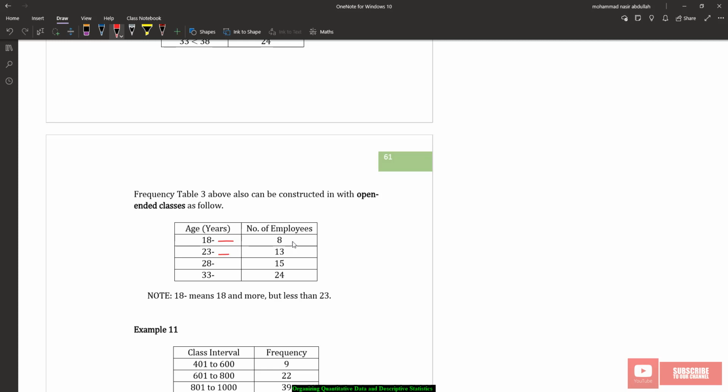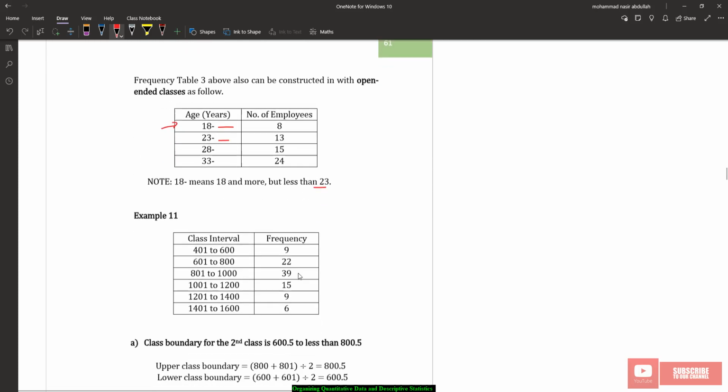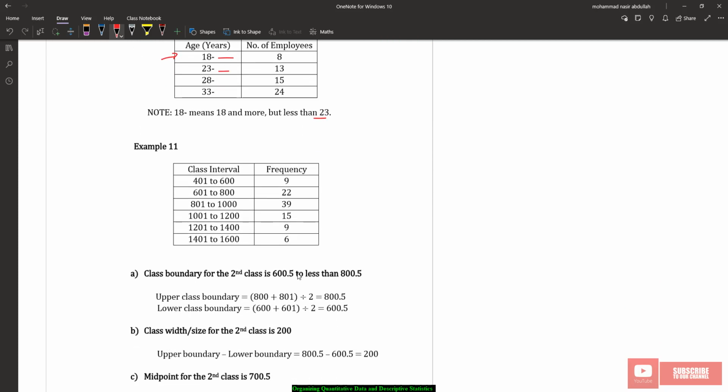So this is what we call 18 or more but less than 23 for the first class. Another example for a frequency table is using 401 to 600, 601 to 800. So this is another method, right?